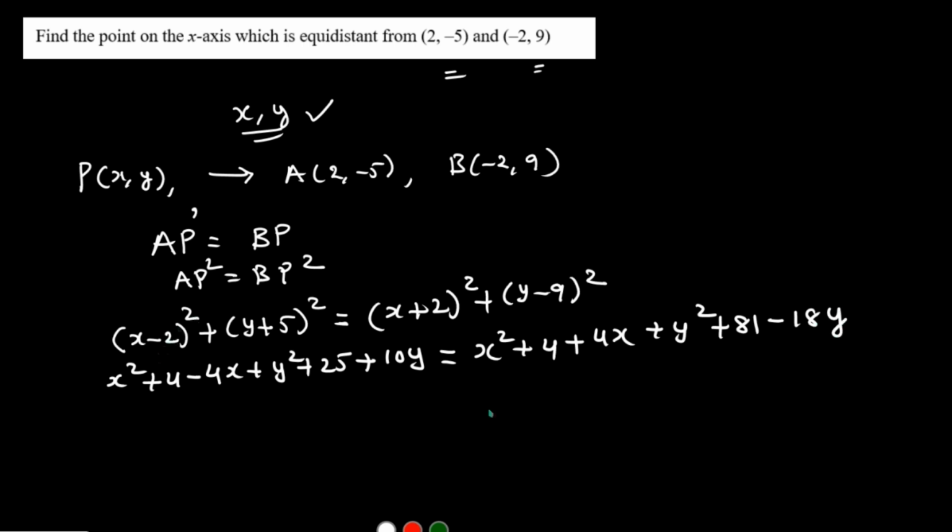If we cancel both sides, we have the terms x square and x square on both sides, similarly y square and y square.